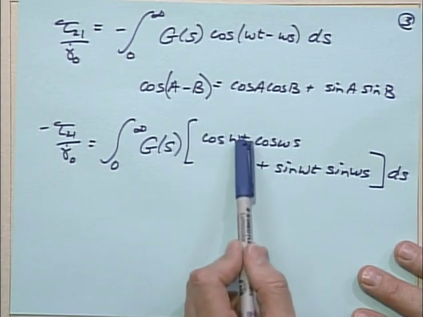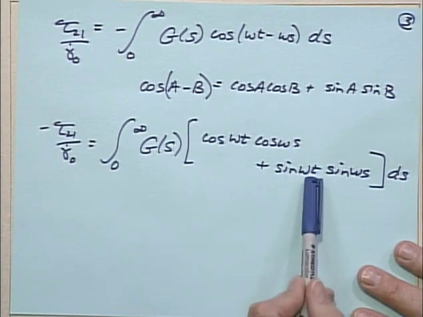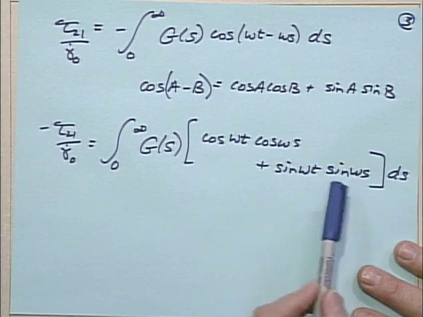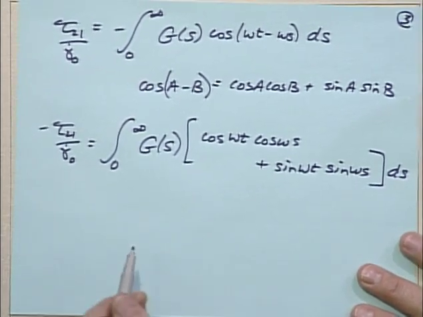So this cosine omega t can be brought out of the integral, and this sine omega t can be brought out of the second integral. Okay, so there'll be two things I'll do here.